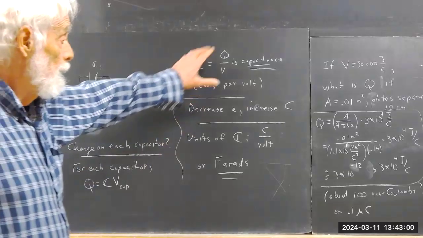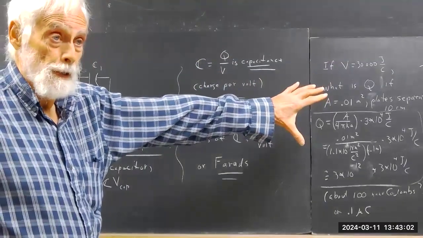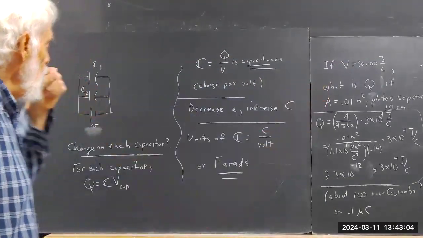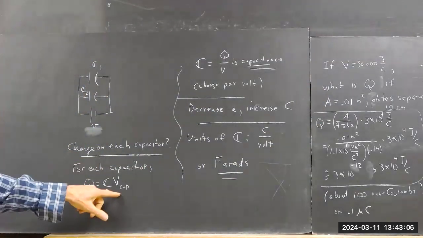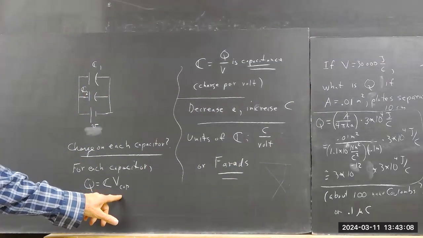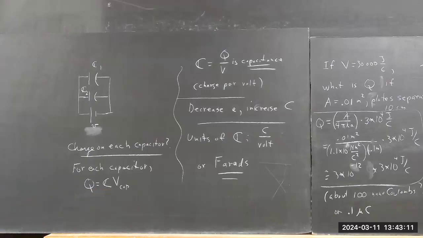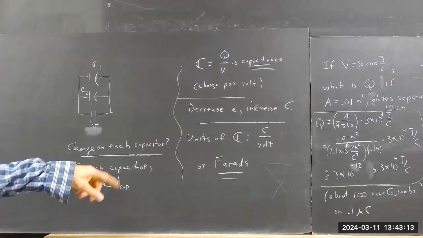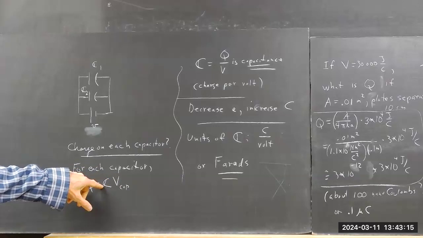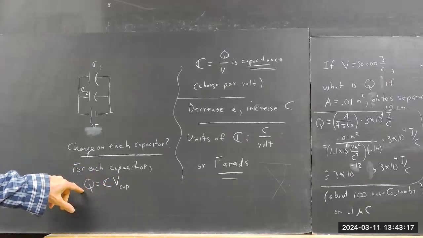So if we understand this relationship and understand everything that we've done here, then this relationship is really pretty easy to understand. Also in terms of units, coulombs per volt for capacitance, and volts here gives us coulombs of charge.